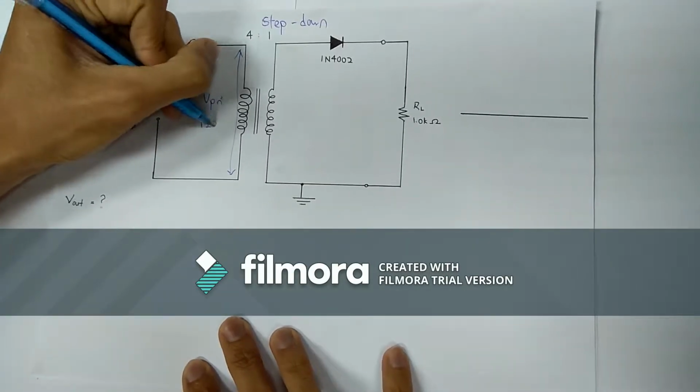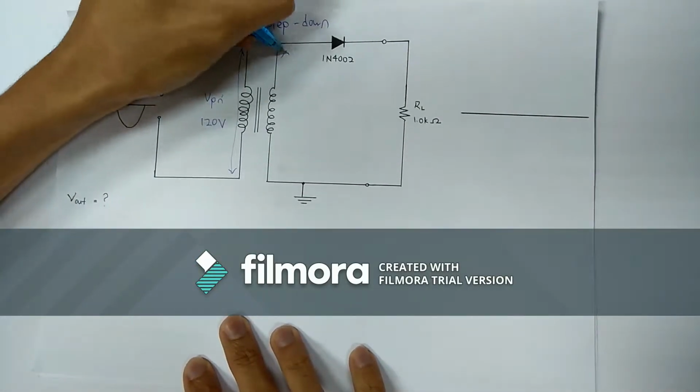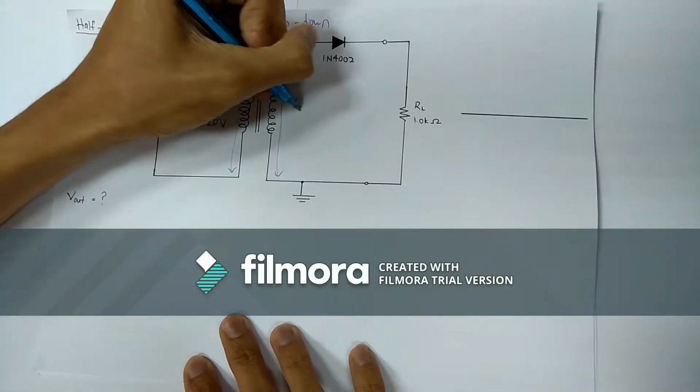To find out the secondary voltage, we can use the formula.